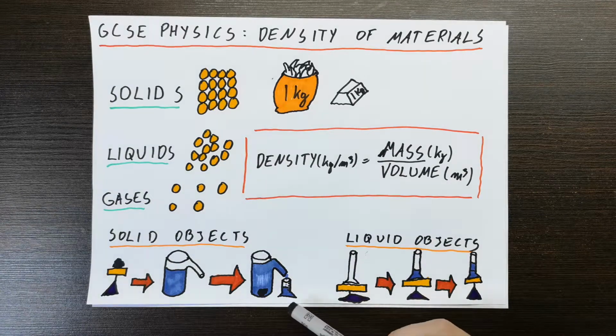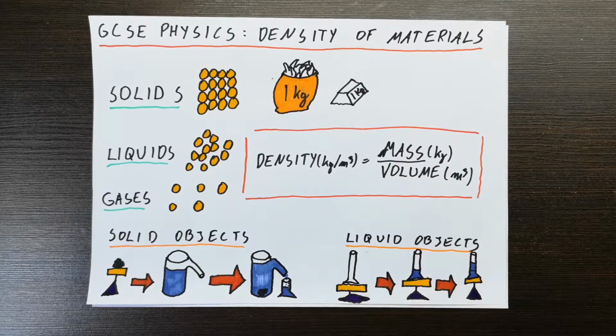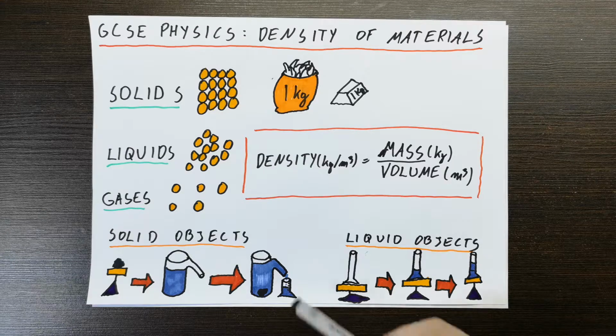Since we are putting that excess water into the measuring cylinder, we can see exactly how much water has been displaced. And as physics goes, the volume of water displaced is equal to the volume of the object. So whatever volume of water we get in that cylinder, that's the volume of our object.